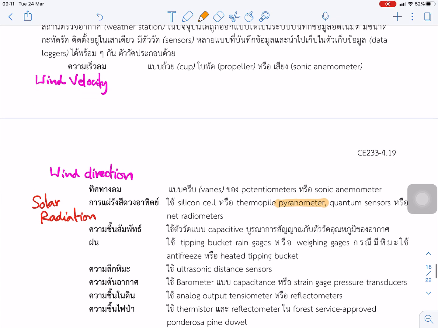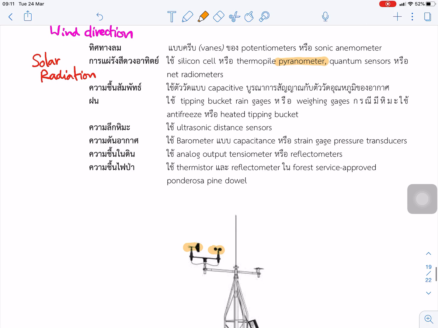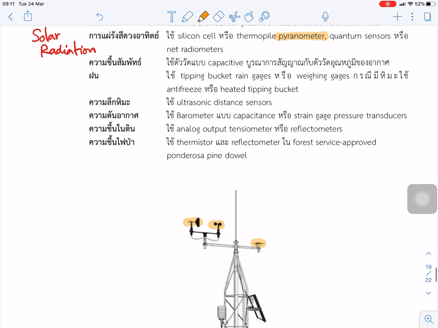Okay, so this part is the solar radiation.